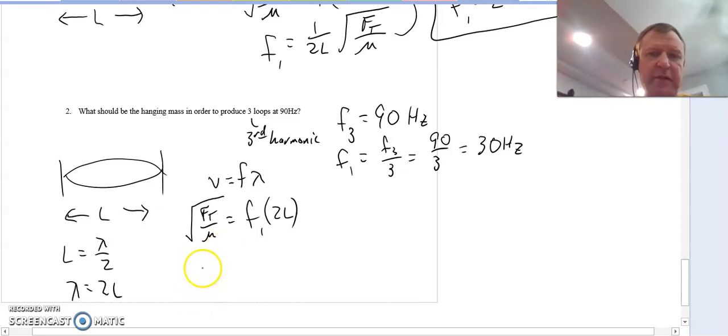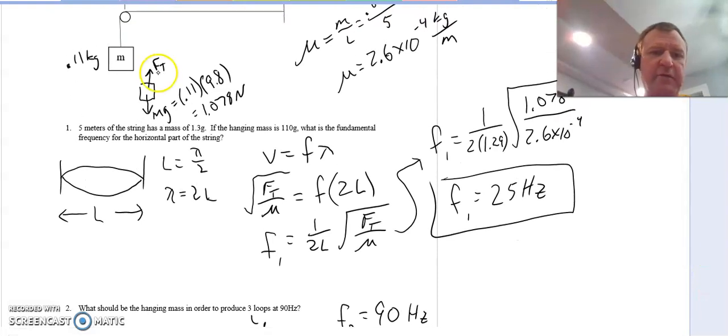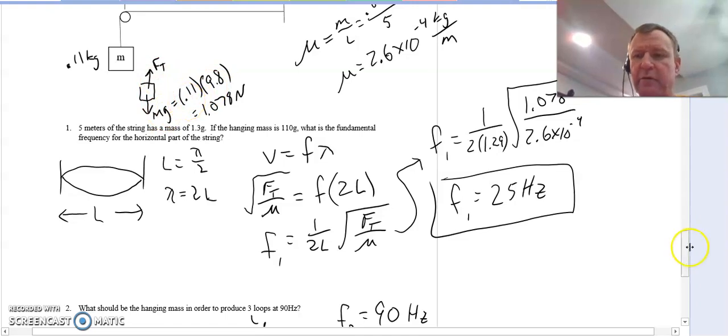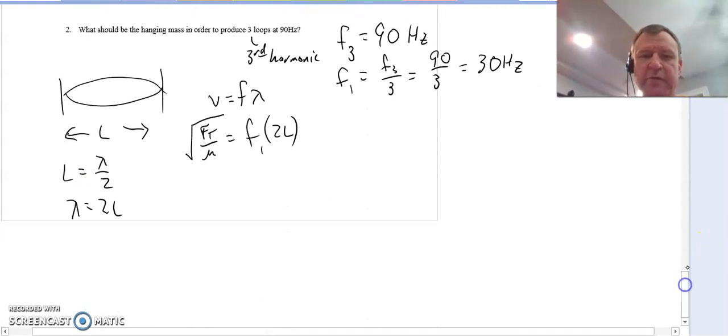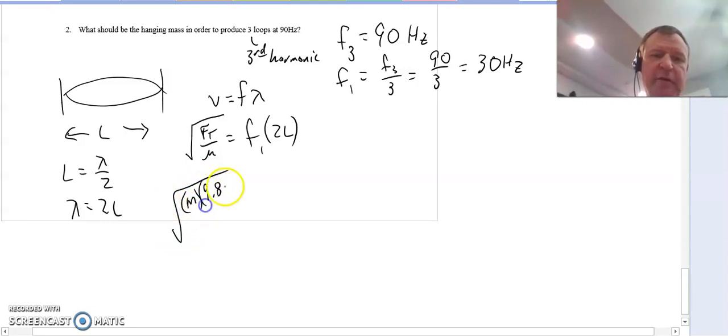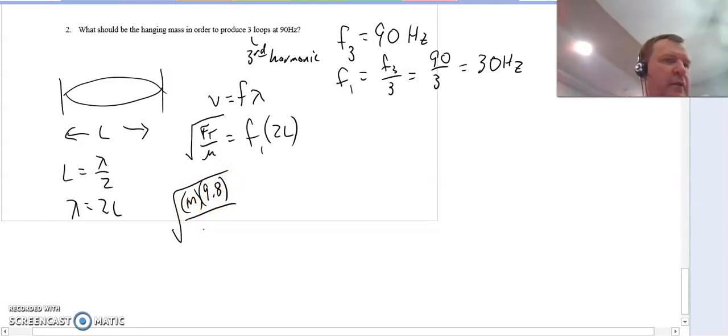So the tension, if I go back up here, because we want to know the hanging mass. The tension is going to equal mg, or m times 9.8. So when I go into this equation, I'm going to have m times 9.8 for the tension. m is the unknown; that's what we're looking for. The linear mass density is still 2.6 times 10 to the negative 4.